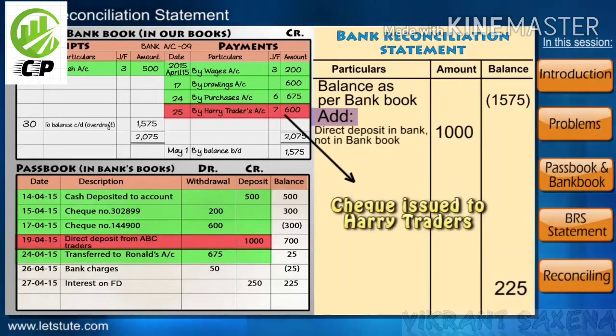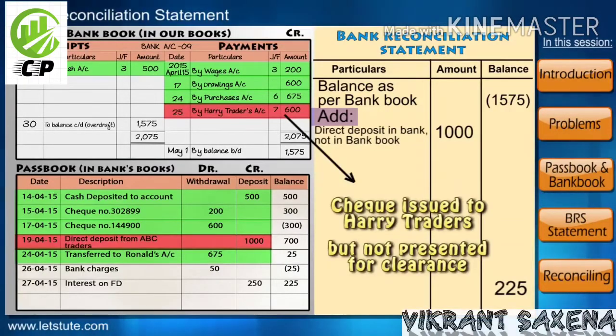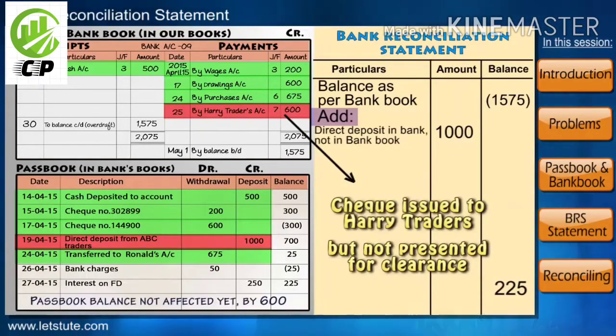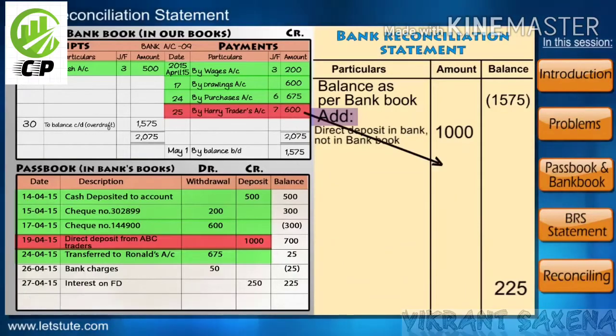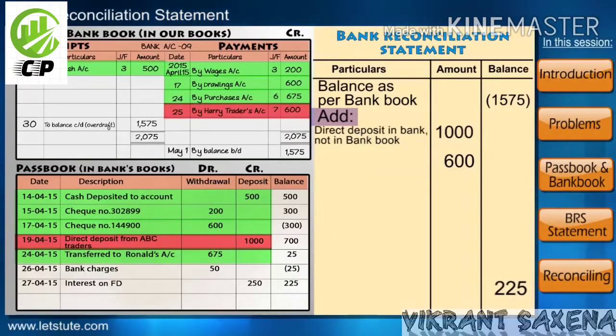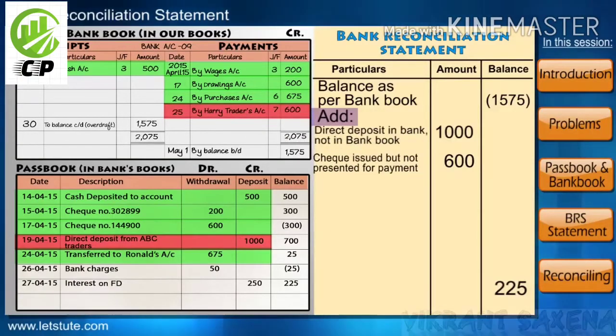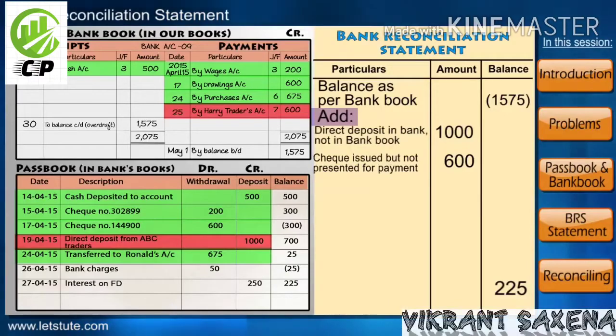But he may have still not presented the check in the bank. So the check is still not cleared. Well, this means the passbook balance has not been affected yet by this 600. But we have credited it in our bank book. So to cancel out this effect, we are going to add this in the statement. So the reason here is there was a check issued which was not presented for payment.